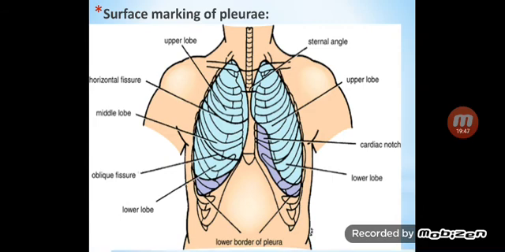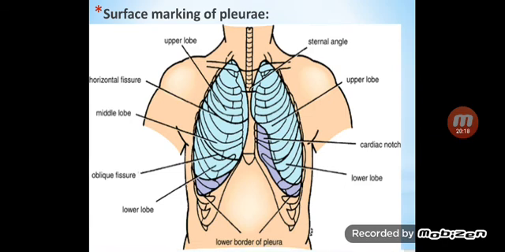So, what about the anterior border of the left side, or the anterior border of the left lung? It descends downward, the same, starting from the sternoclavicular joint to the level of the fourth costal cartilage, where it deviates laterally along the lateral margin of the sternum.